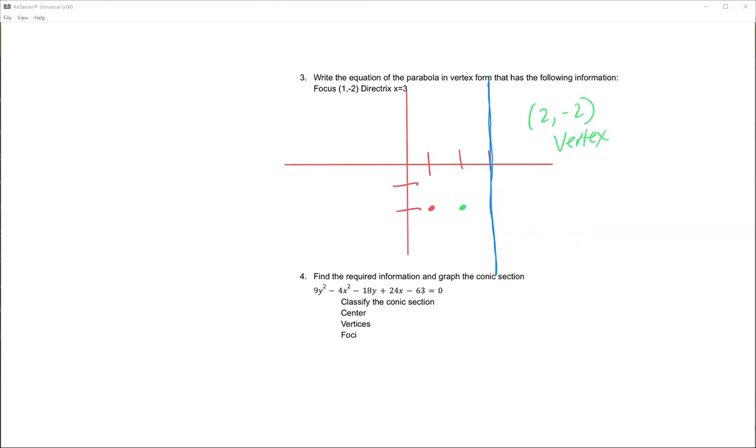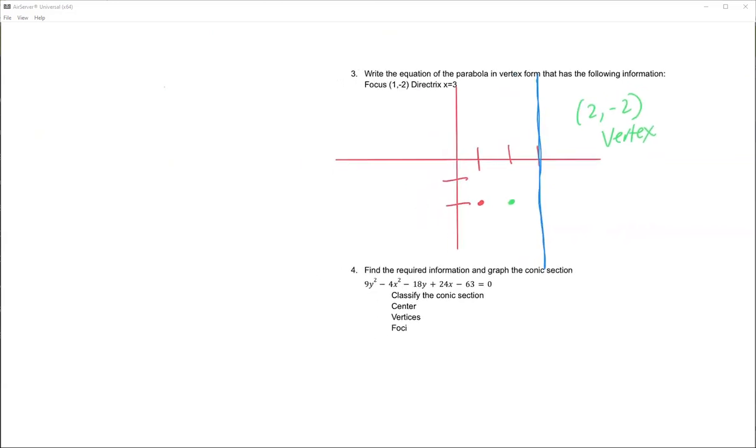Okay. And we're going to use x minus h is equal to, and then remember that the 4p, -1/4p, it's going to be negative, right? Because why? We're facing left. And then it'll be y minus k squared.